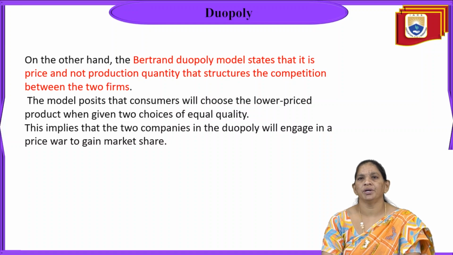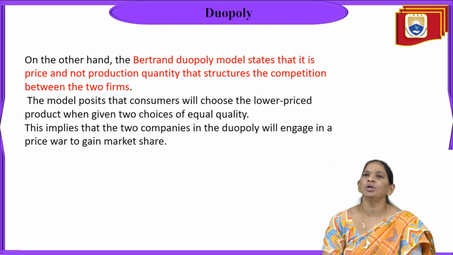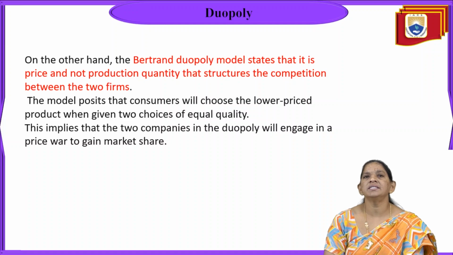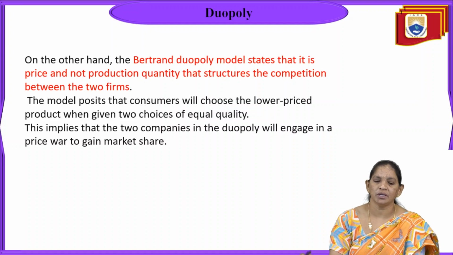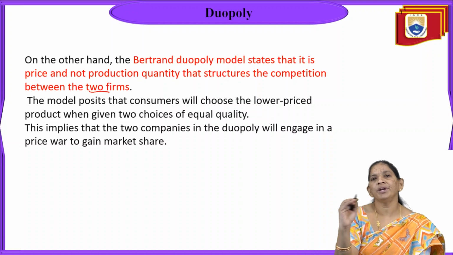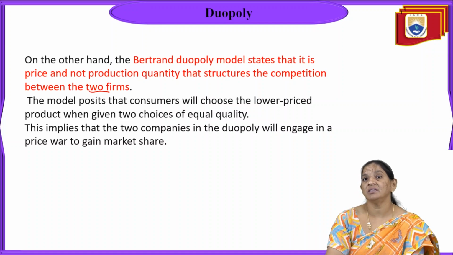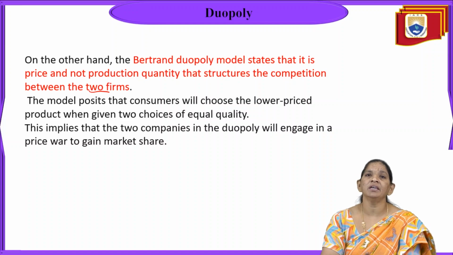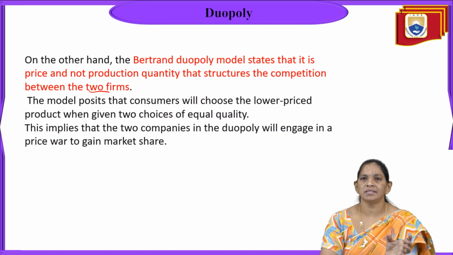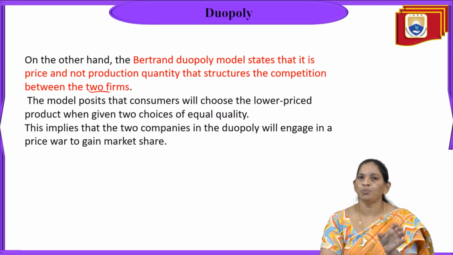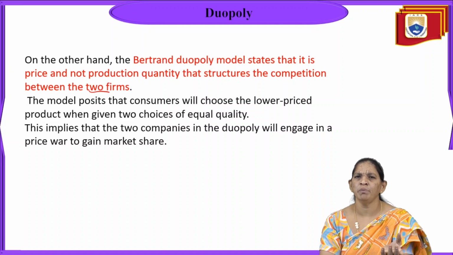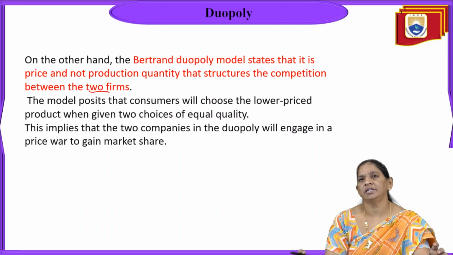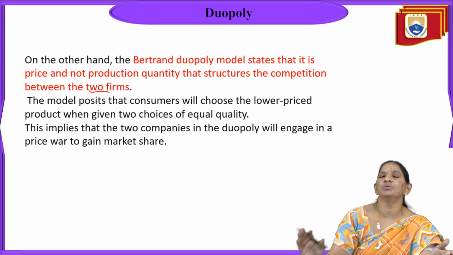Bertrand duopoly. This Bertrand duopoly model states that it is the price, not the production quantities, that structures the competition between the two firms. In the Cournot duopoly, we have seen that only the quantity decides the market segmentation, that is the market portion, 50-50 or 30-60, whatever it may be, based upon the quantity of goods supplied.